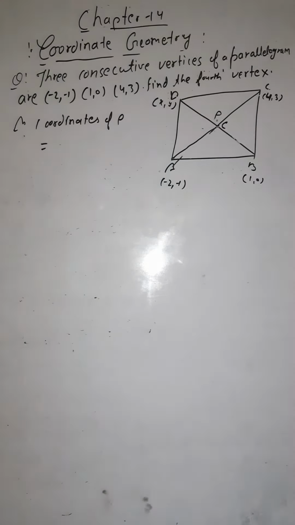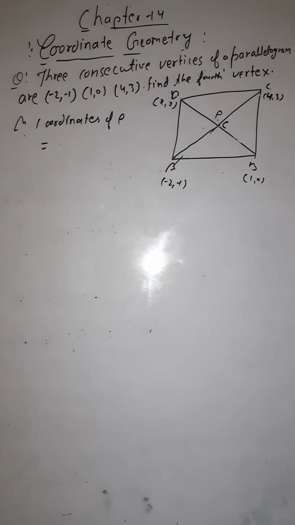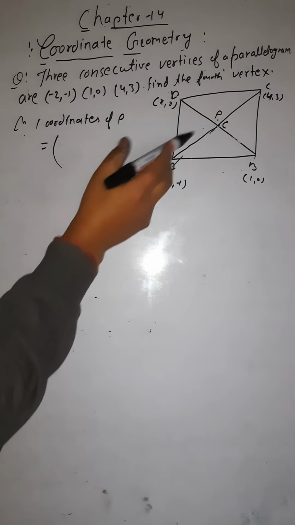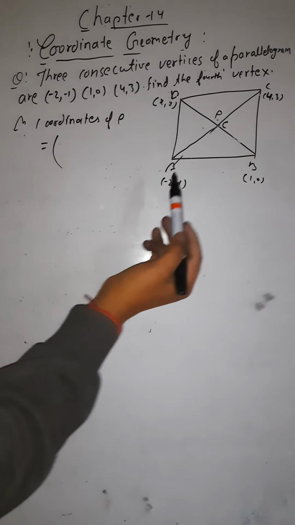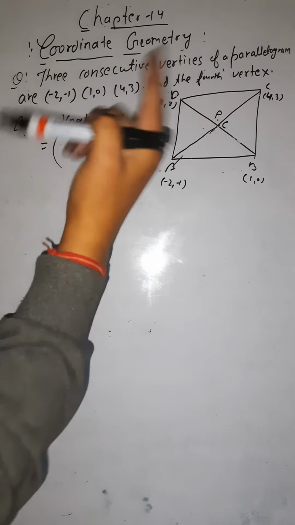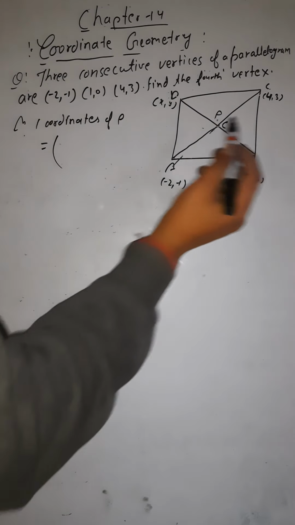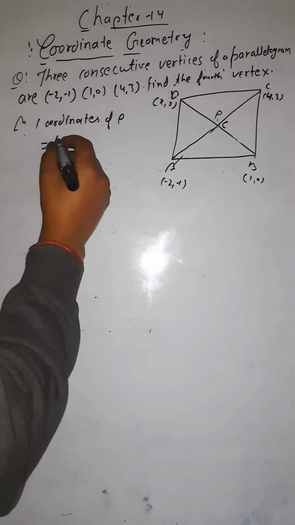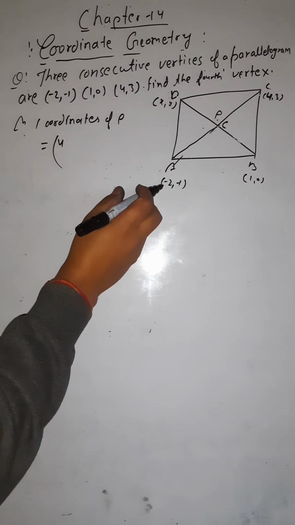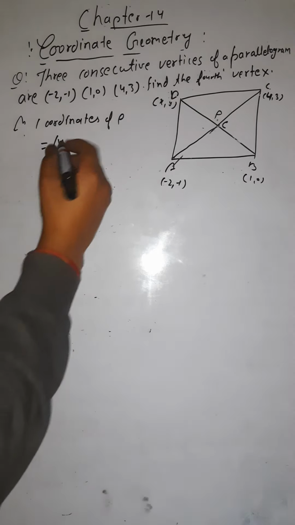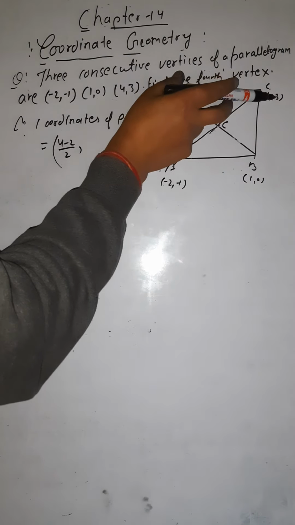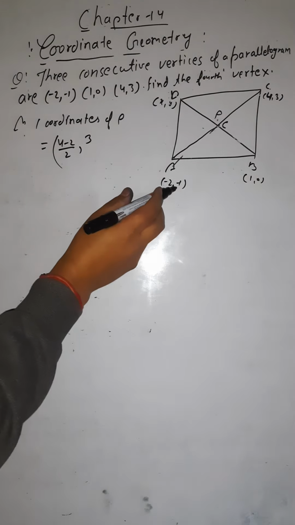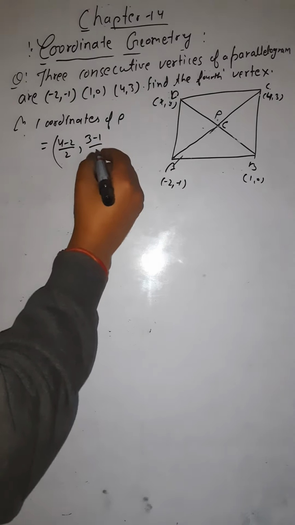The first coordinate would be its first coordinate plus its first coordinate divided by 2. What is its first coordinate? 4. What is its other first coordinate? It is minus, so it becomes 4 plus -2 by 2. And second coordinate 3 plus its second coordinate -1, divided by 2.